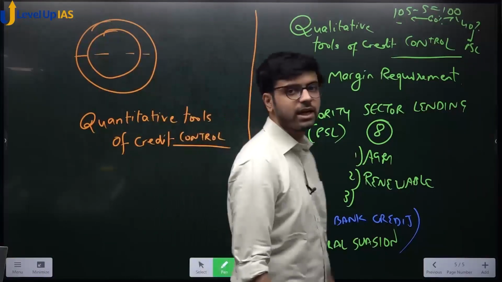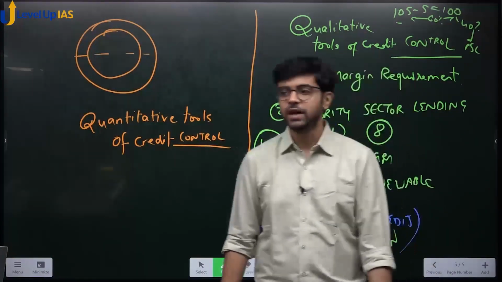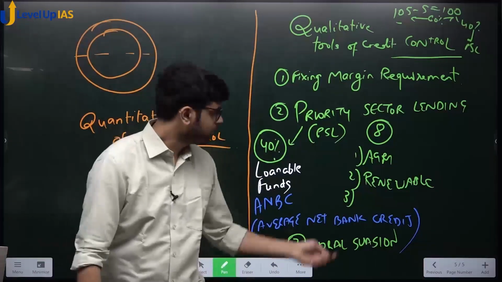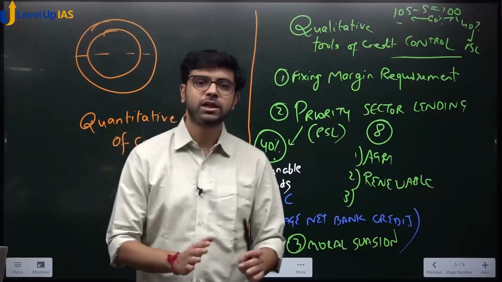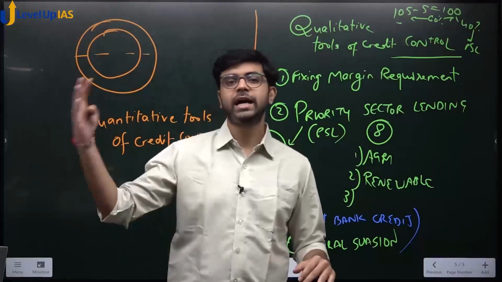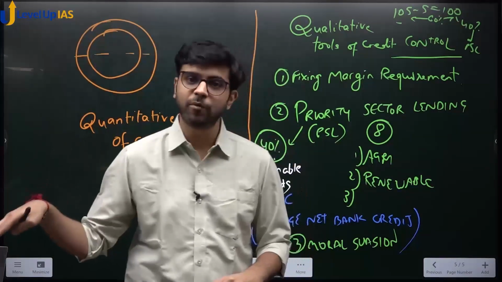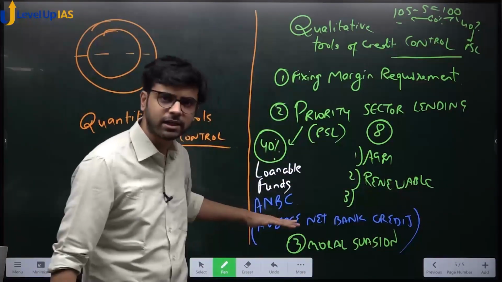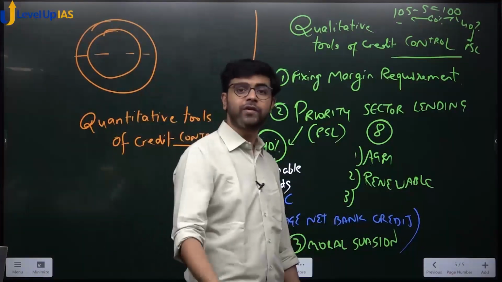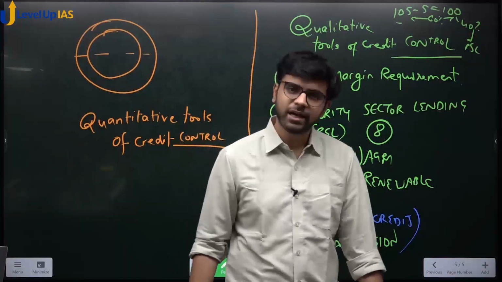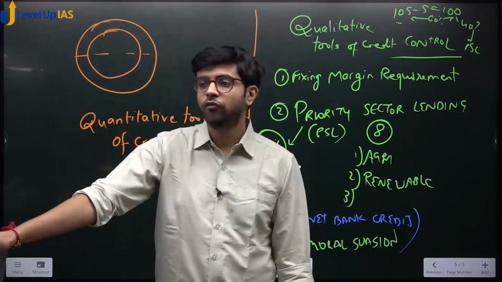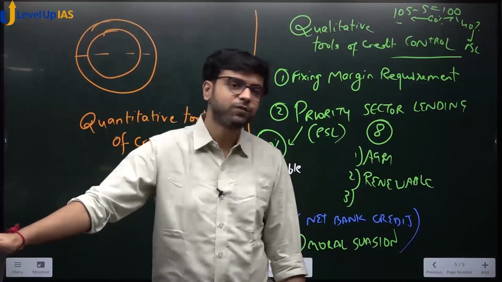What is priority sector lending? Some sectors we have identified which need funds on a priority basis. See, tomorrow if some new technology comes, that will also come under PSL, depending on the need. Tomorrow if we achieve very high efficiency or sufficiency in renewable energy, that funds are not required, renewable energy would be removed from priority sector. Some new sector would come. Now COVID came, health and education were already there in PSL, but now manufacturing of medical devices would also be added here.